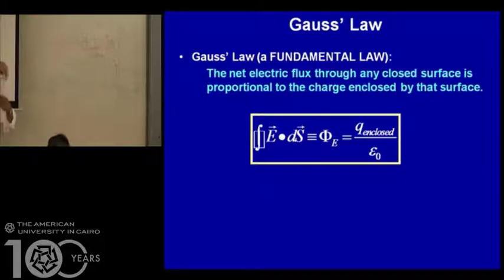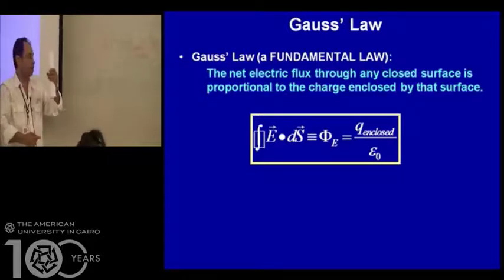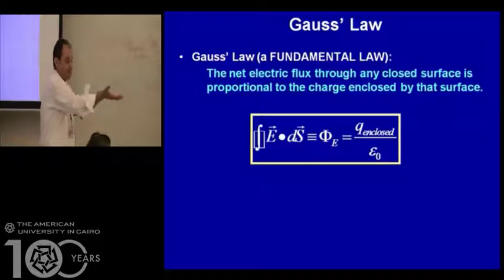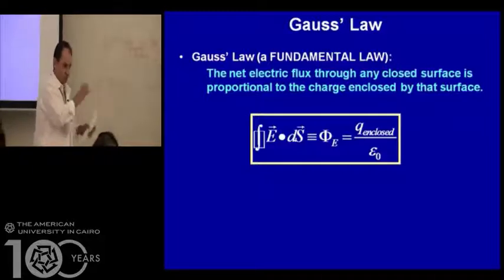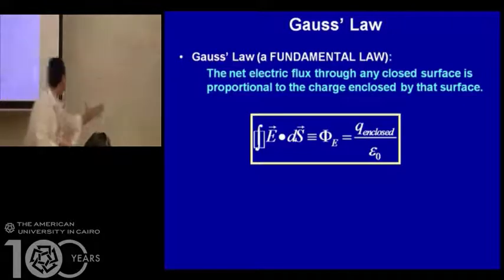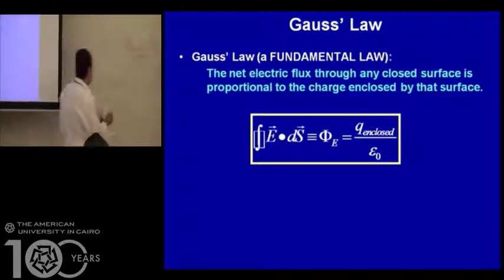It's 2 pi r, which is the length of that, times H. Unless it's a sphere, the electric field is going to be different. We'll see. Okay, guys? Now, this is the flux. This is the left-hand side. What is the right-hand side?